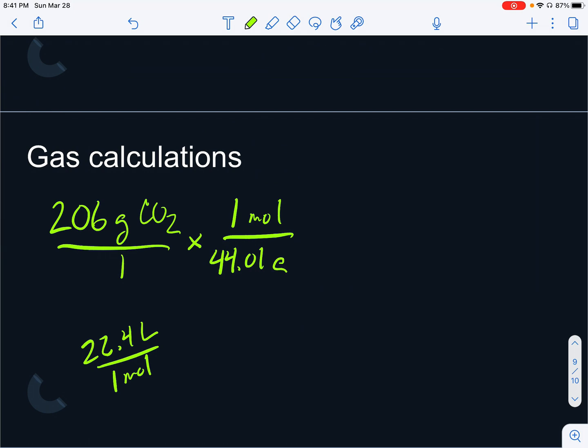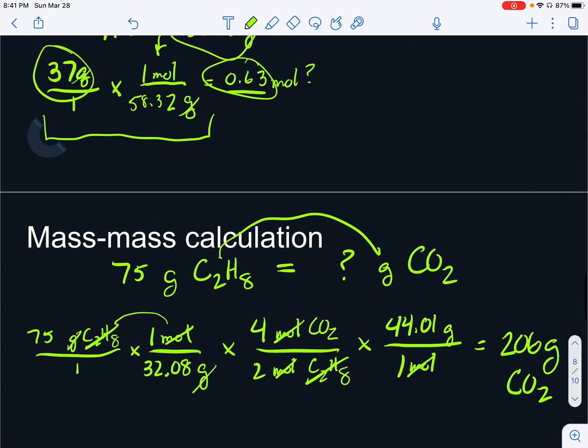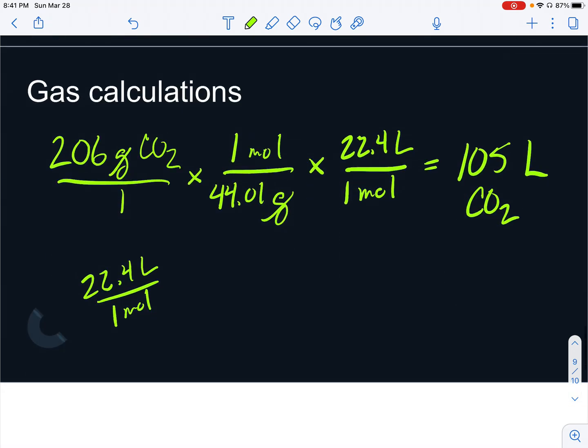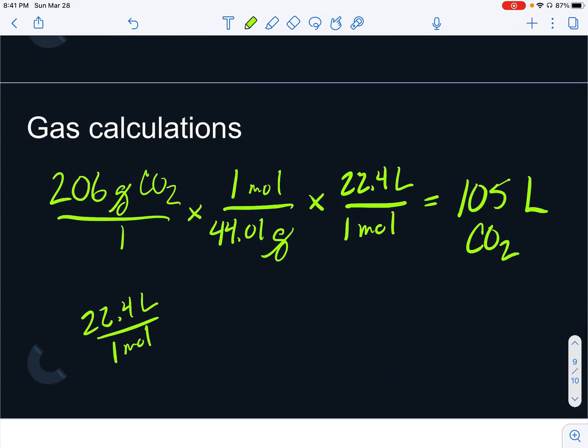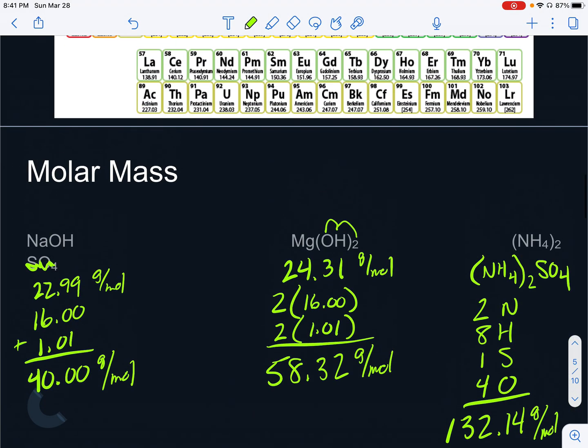So the molar mass of carbon dioxide is another one of these ones that's almost exactly on a round number, 44.01 grams. So that's going to get me moles of carbon dioxide, and then I throw in my 22.4 liters in 1 mole. So 206 divided by 44.01 times 22.4 is 105 liters of carbon dioxide produced from the reaction that we just talked about right here, 75 grams of ethane.